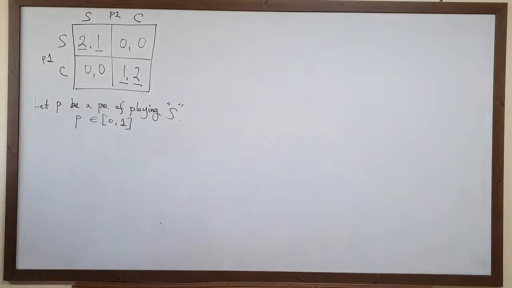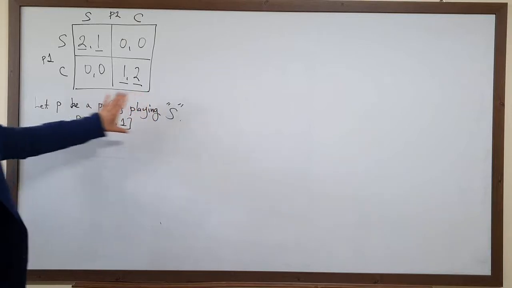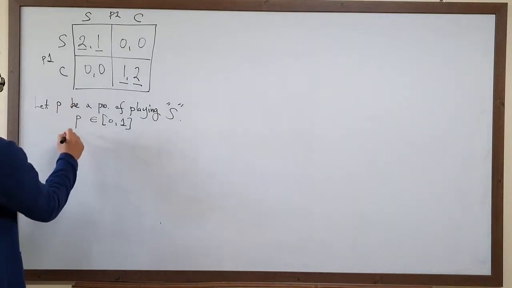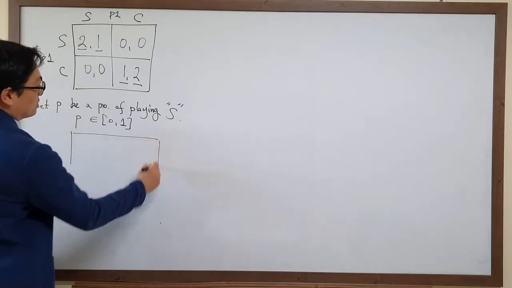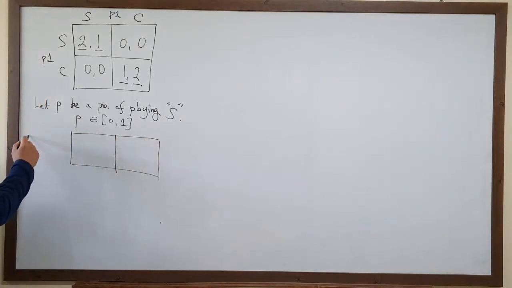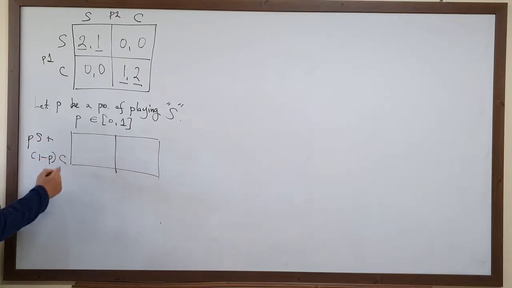It can be any number depending on the machine's setting. So if you consider this kind of infinite cases of combinations, actually there will be another possible strategy, which is a mixing of those two: PS plus 1 minus P C. This is a kind of mixed strategy.